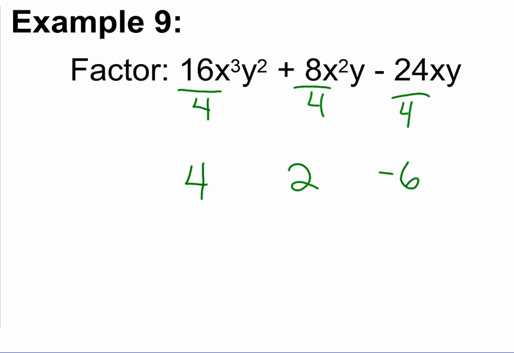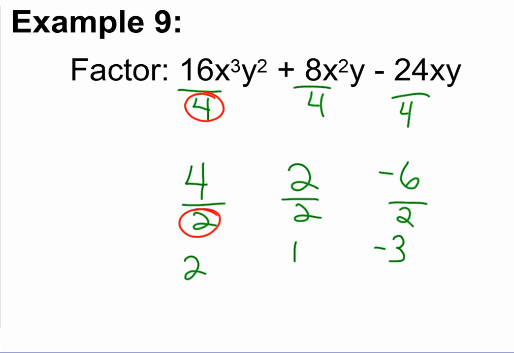Well, is there anything I can take out of all 3 of those numbers? Yeah, I can take out a 2 out of all of these, which would give me a 2, a 1, and a negative 3. At that point, I can't take anything more. So what you notice is that if I can still GCF, greatest common factor, the remainder, that means I didn't take the greatest factor.